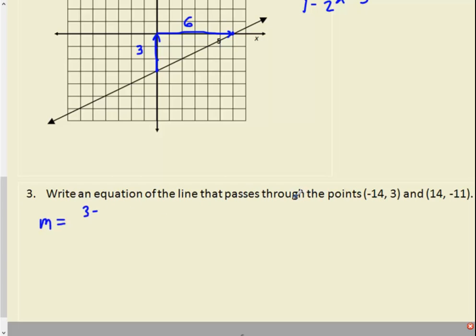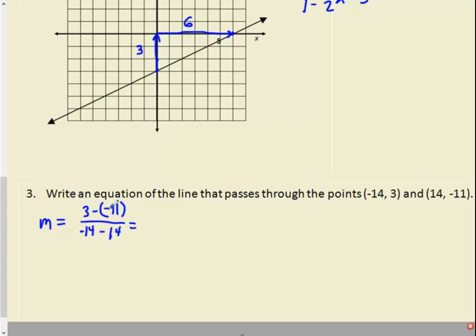So y2 minus y1, so 3 minus -11 over, and because I started with 3 as my value of y, I must start with -14 in the denominator for our value of x. So -14 minus 14.